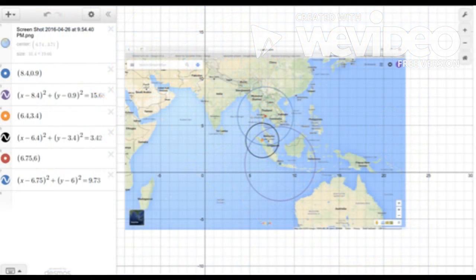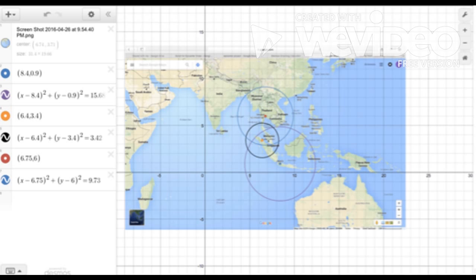For our second graph, we used a slightly different method. We ended up getting the same epicenter. Instead of using the city of Banda Aceh, we used Bangkok in Thailand. The three coordinate points we got were 8.4 and 0.9, 6.4 and 3.4, and 6.75 and 6.